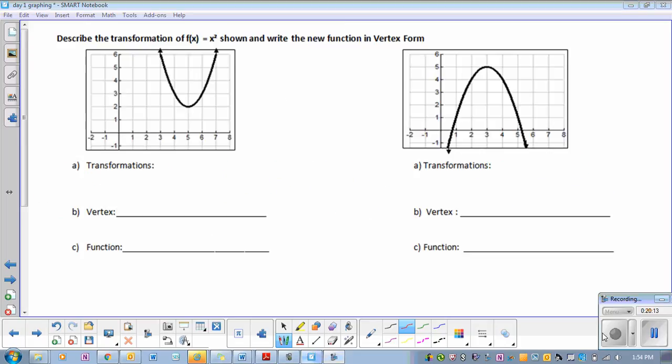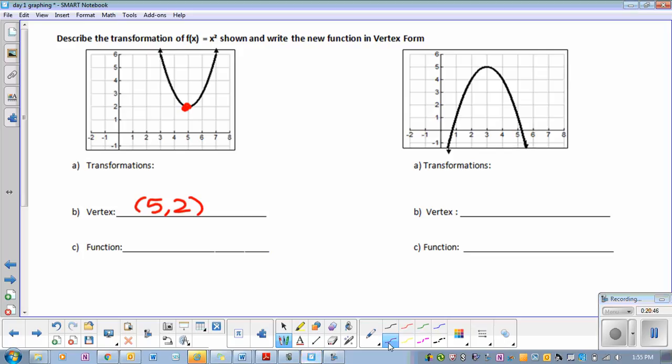Alright. So now you have these graphs, and you have to describe what happened to them from the parent function. Give me the vertex, and then let's write out the new equation. Okay? First off, guys, what is the vertex here? What is that point? 5, 2. 5, 2. Thank you. Where was the vertex for your parent function? The graph that we did way in the beginning. 0, 0.